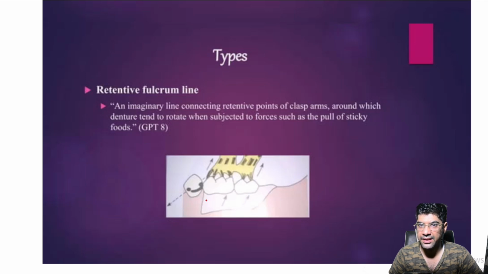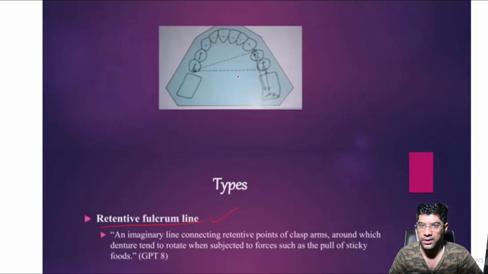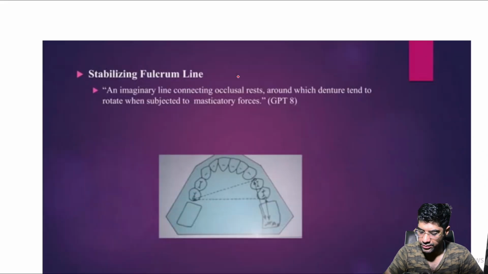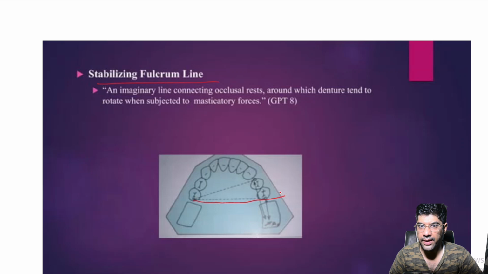It represents the axis around which the denture rotates when subjected to forces like pull of sticky food. So one is a retentive fulcrum line, other is stabilizing fulcrum line. The stabilizing fulcrum line connects the occlusal rests.